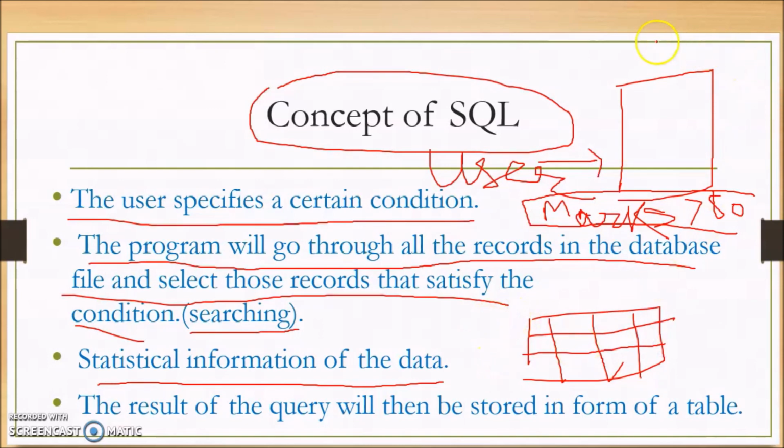So from the complete database, it has got the 3 records. Next, the result of the query will be stored in the form of a table. ठीक है, जो भी result है query का, it would be stored in the form of a table. So a table consists of rows and columns.